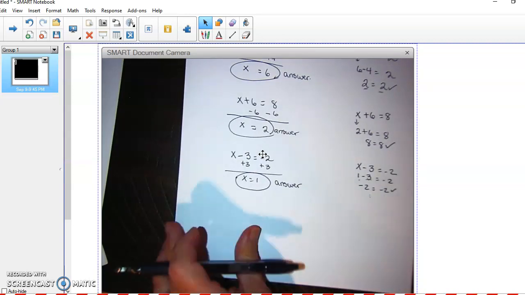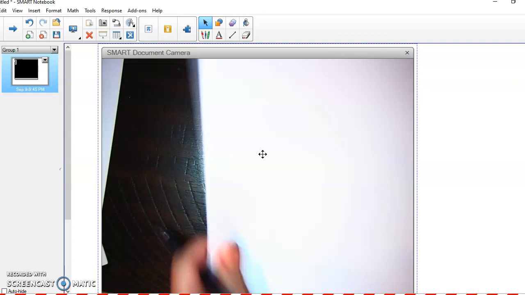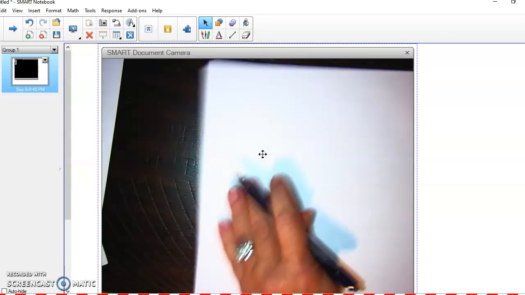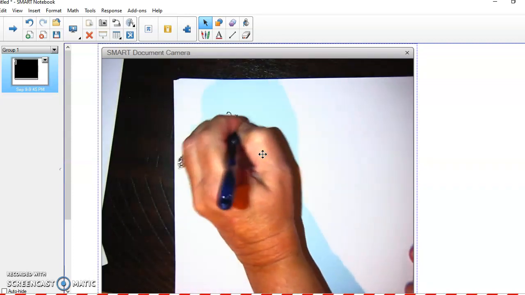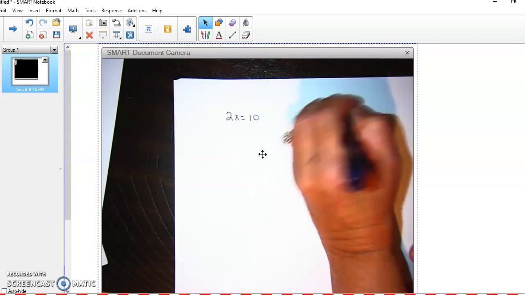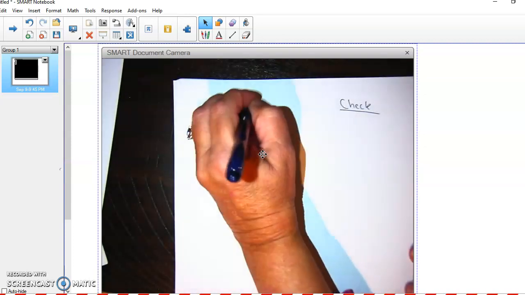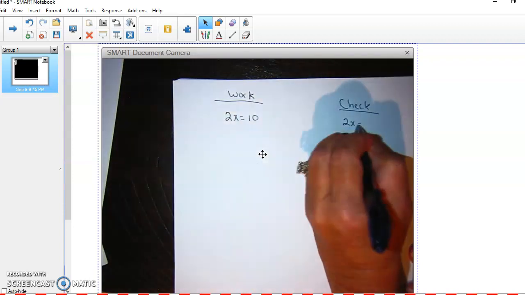And now we're going to go to the second part where it was the multiplication or division. So the next problem we're going to do is 2x equals 10. And here's our work, and there's our check. So let's rewrite this here.